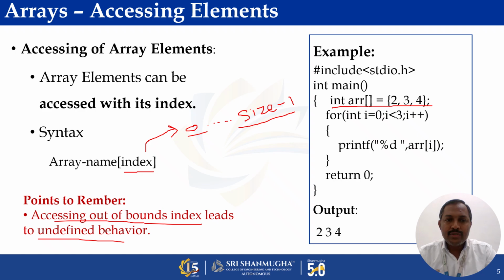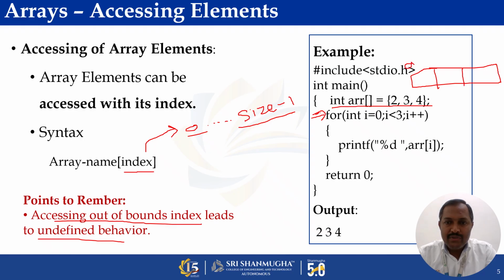Next, to access array elements, to store values into the array, to retrieve them, or to perform some operations, normally with the help of a for loop we can access array elements. For example, for int i = 0. Before that, how is it going to be stored in memory? We can create a structure for easy understanding.